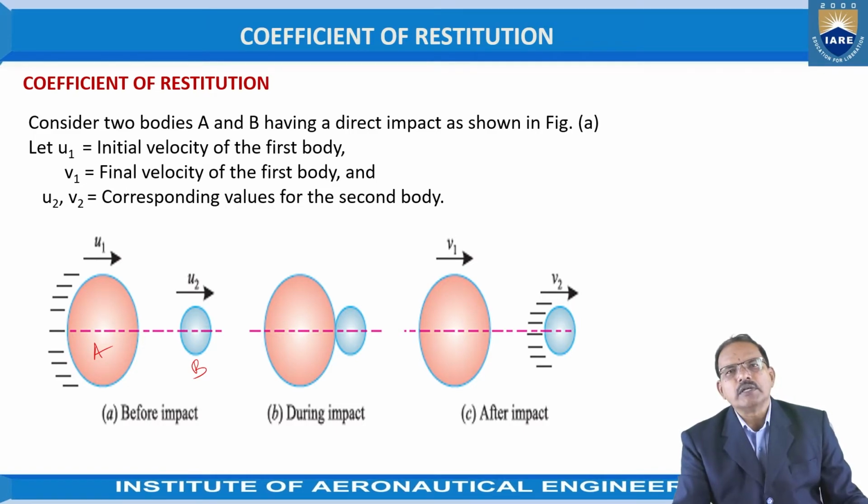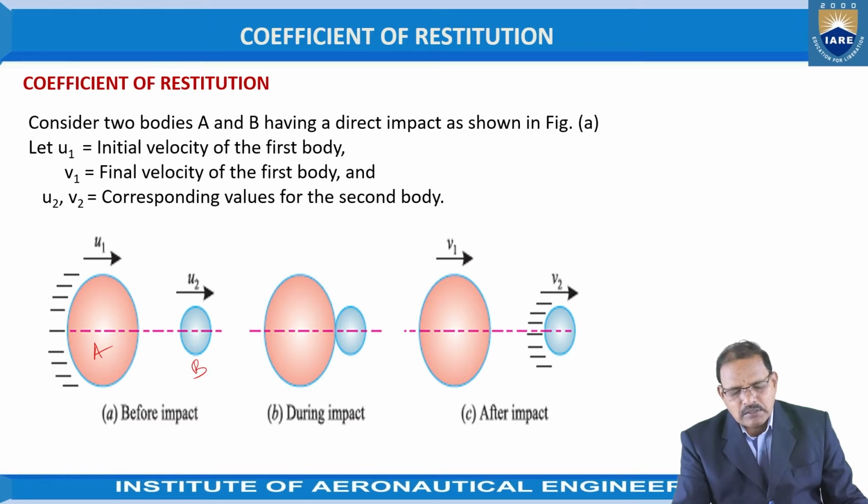Assume u1 is greater than u2, so the difference u1 minus u2 is called the velocity of approach. After the collision, the two bodies compress to a certain extent.